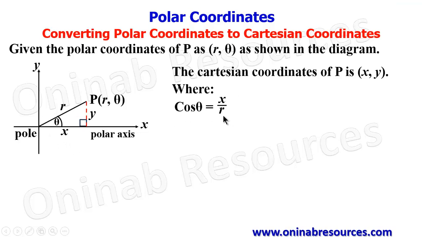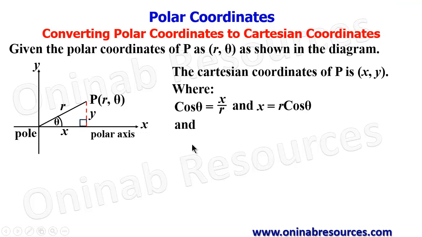Cos is adjacent over hypotenuse, and our adjacent here is x and our hypotenuse is r. And then if we make x the subject of the relation, we see that x is equal to r cos theta. This is very important. We are going to be making use of this to get the x coordinate of the Cartesian coordinates.